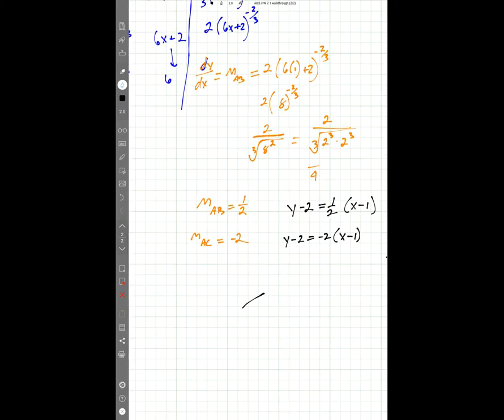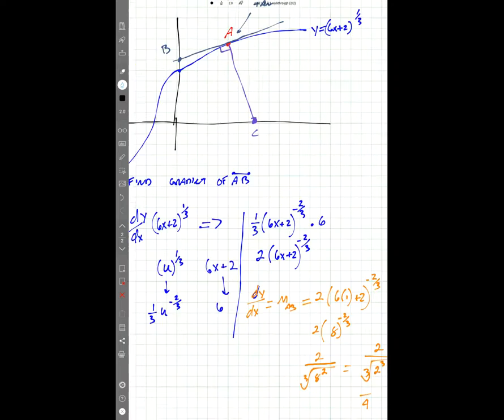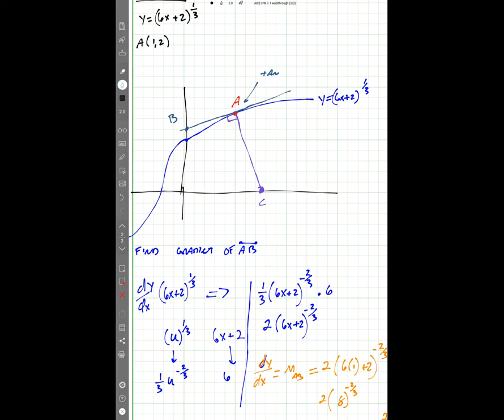Now that we've got our two equations, we can work on part B, which is finding the distance BC. Looking at our picture, in order to find this distance, we need to know what the points B and C are. Well, it's going to be the y-intercept of line AB and the x-intercept of AC.